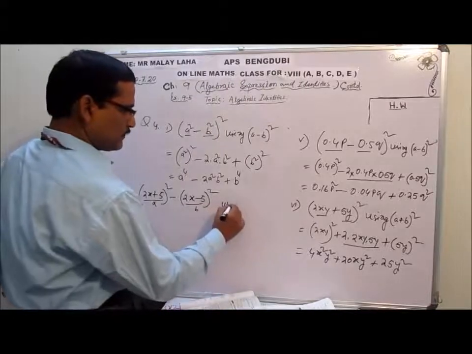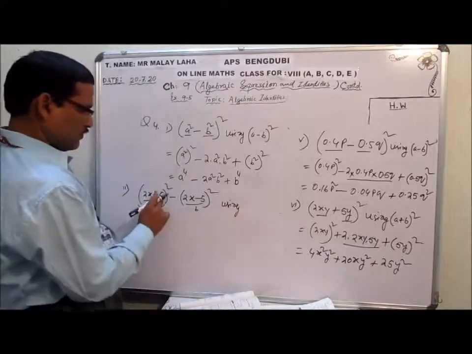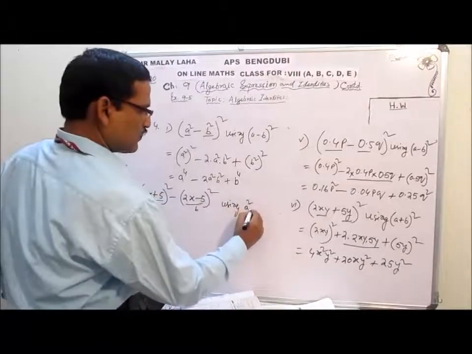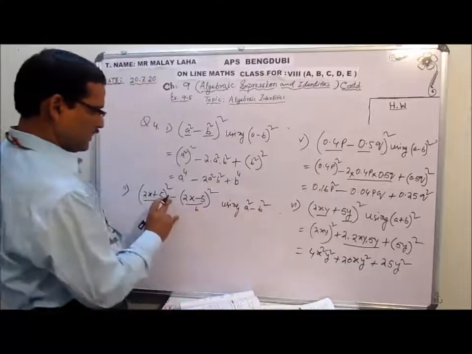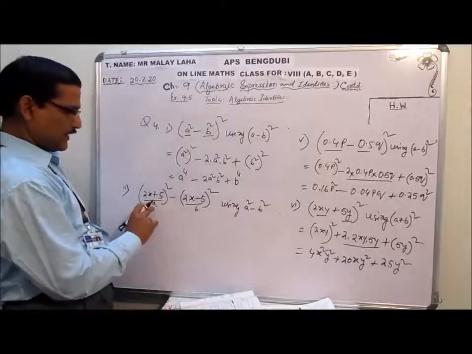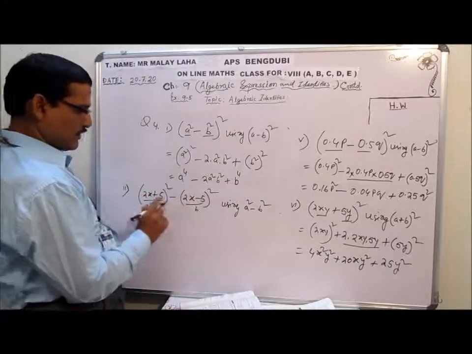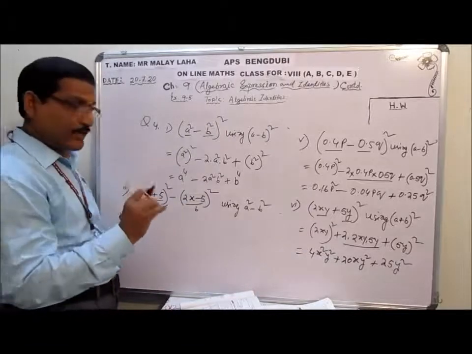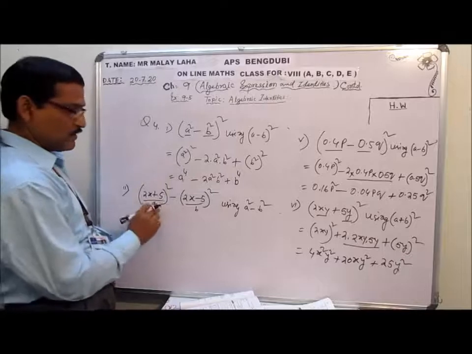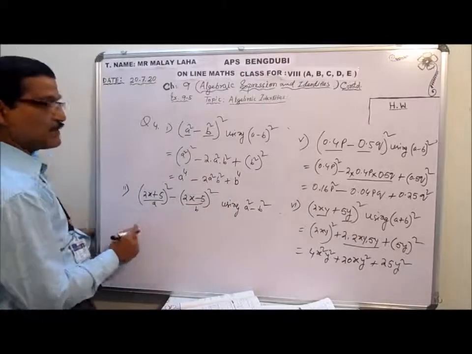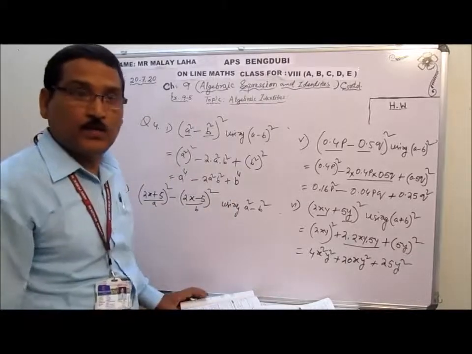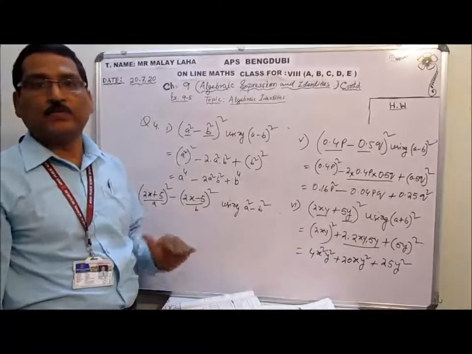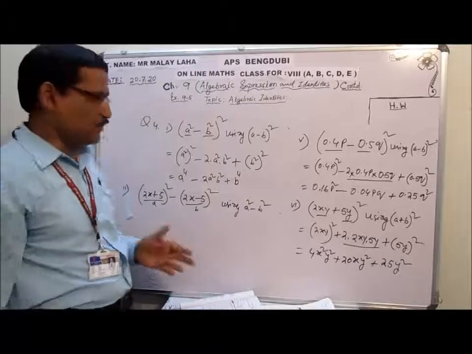Then using a² − b², in between a minus sign is there, that's why a² − b². For your understanding, I am putting an underline and writing something; you will not write this. What is the identity for a² − b²? When a² − b² is given, what to do? (a + b)(a − b). That form you have to write down.